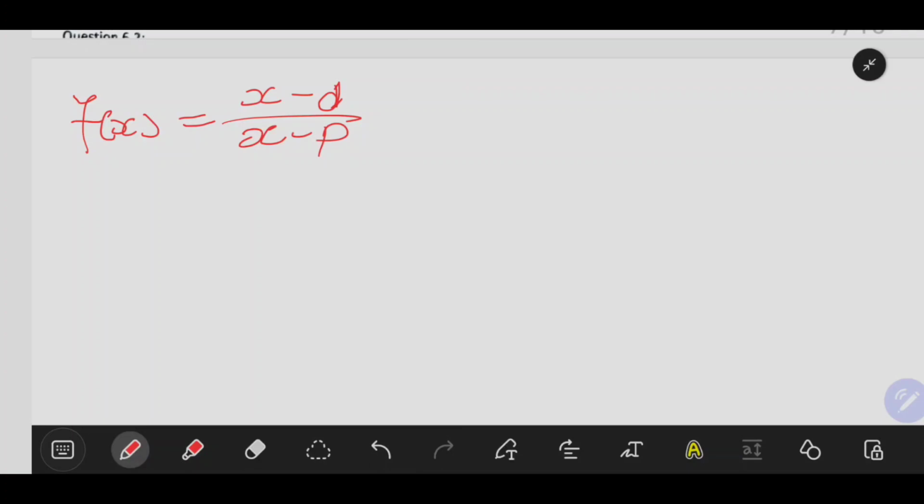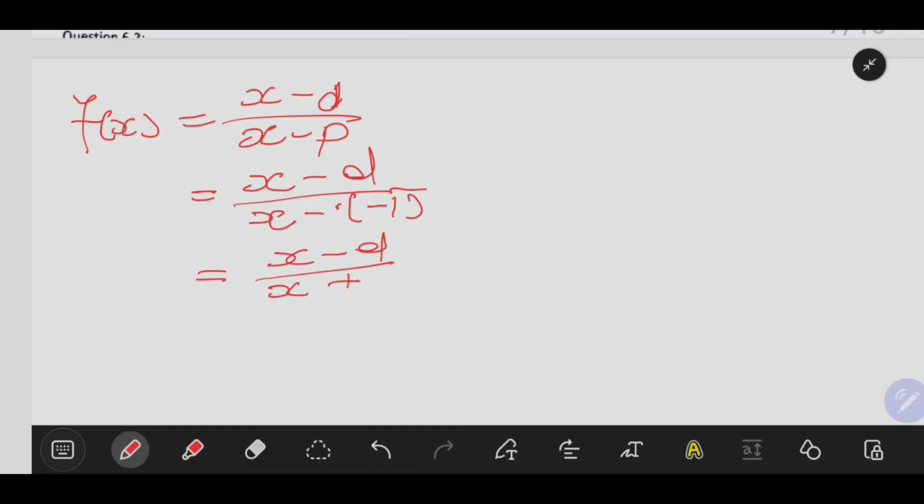We already know the value of p, which is -1. Then we substitute it here. This is x minus d, and then x minus -1, so we have x minus d divided by x plus 1.